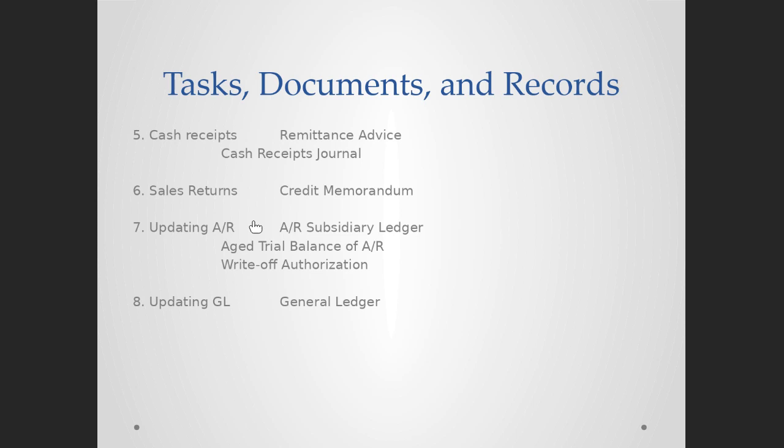Remember those? Those are the customers of the client, and every single customer has an accounts receivable subsidiary ledger. A subsidiary ledger is a sub ledger for each customer. Each customer has an accounts receivable.